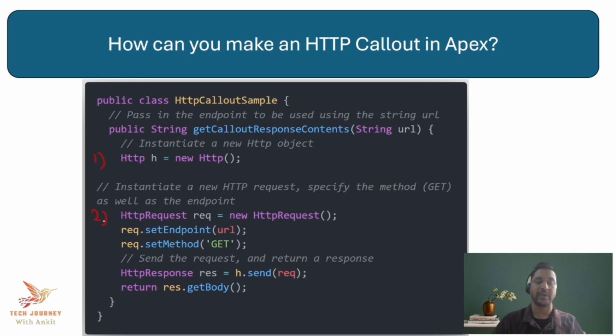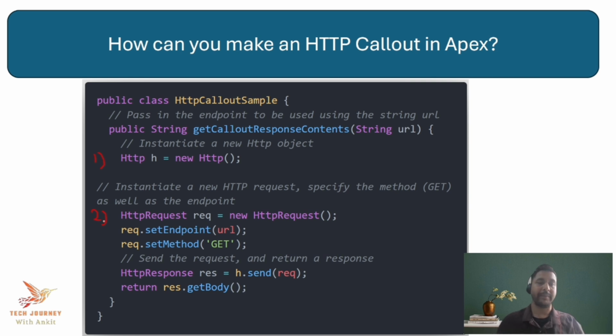Again, with set method, you can define methods like get, post, patch, put, as well as delete here. Okay, there are a few documentations which explicitly want to set the headers. There are a few which explicitly want to specify the content type. So based on that, you will be specifying all those different headers here. And in case you are dealing with the post method, patch method, or the put method, then you will also specify the body as well.